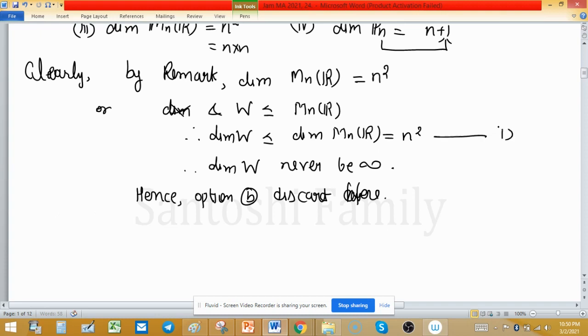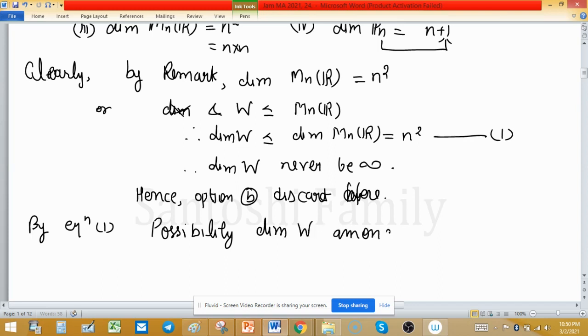Now call this equation 1. By equation 1, the possibility for the dimension of W is among option A, option C, and option D.